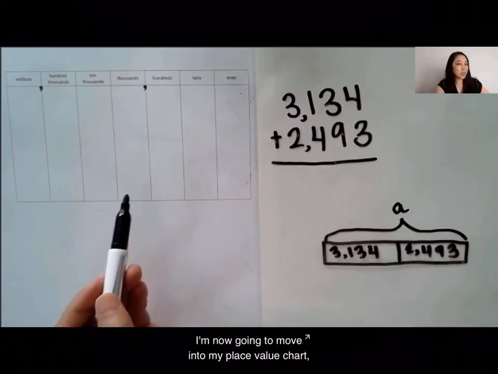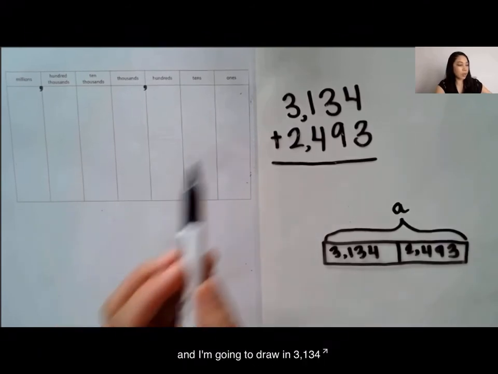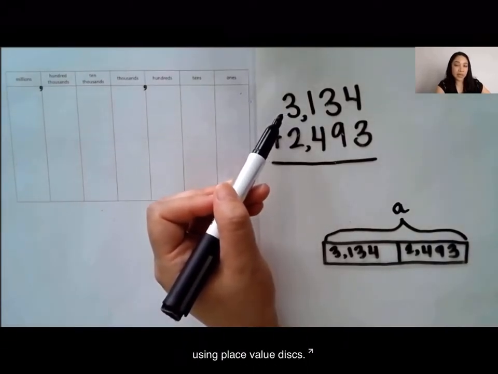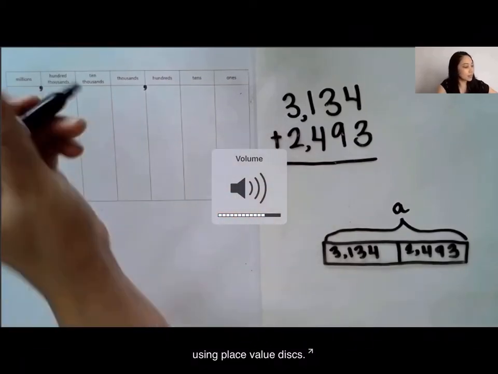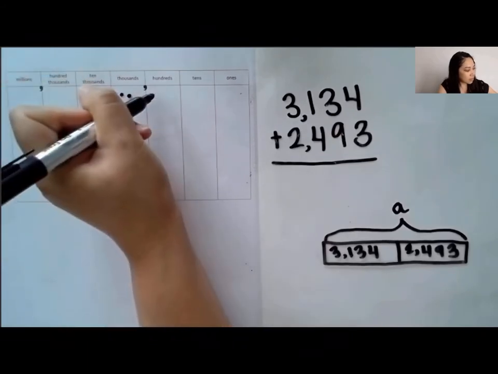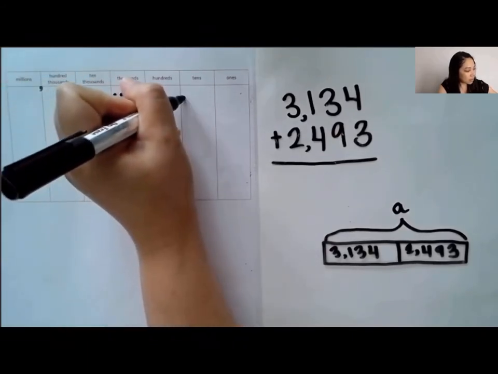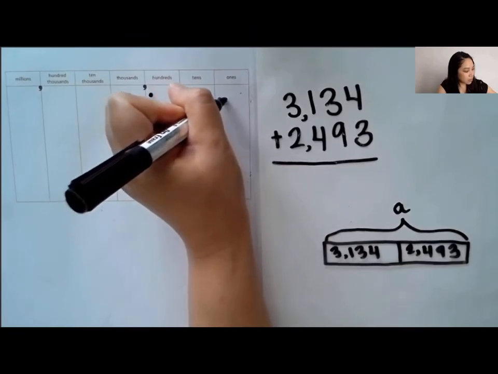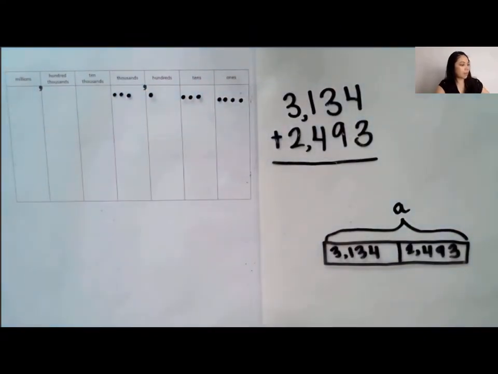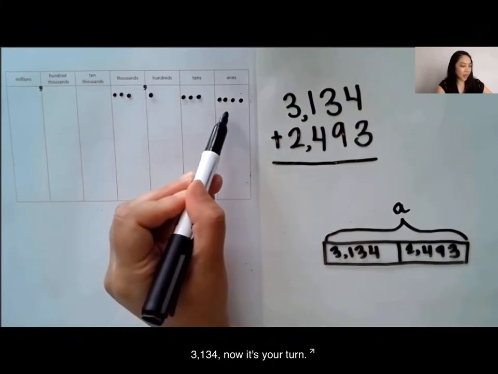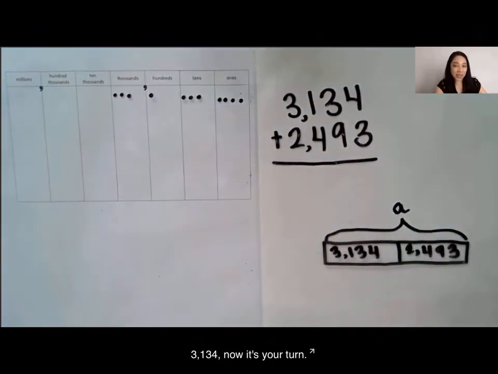I'm now going to move into my place value chart, and I'm going to draw in 3,134 using place value discs.